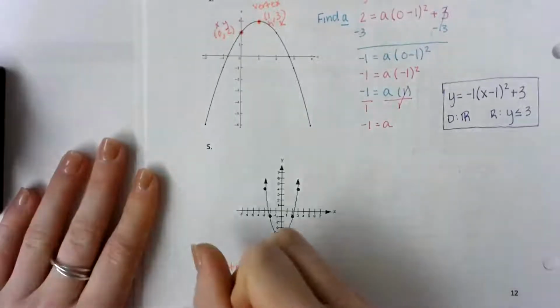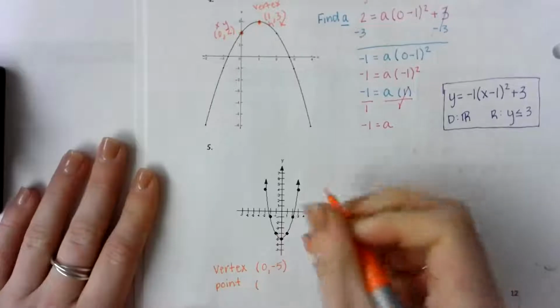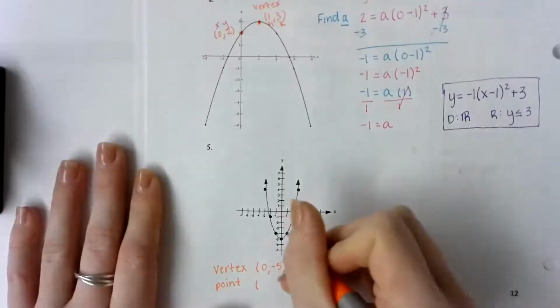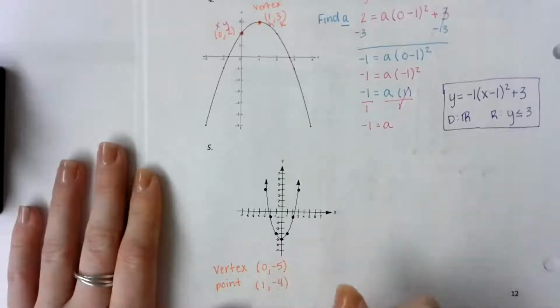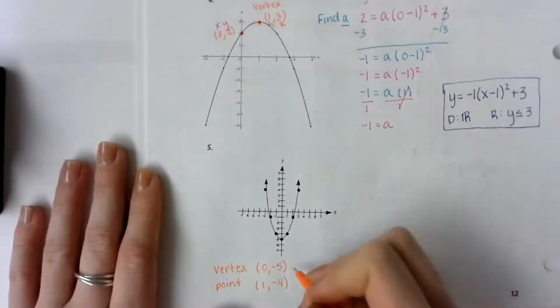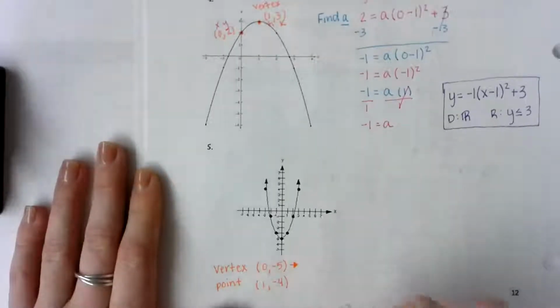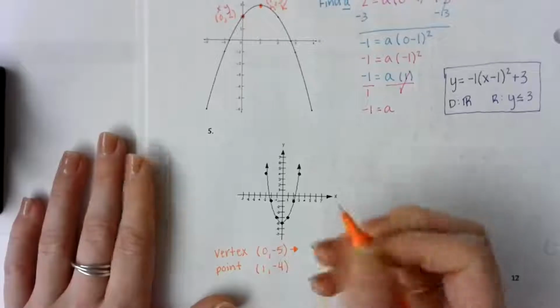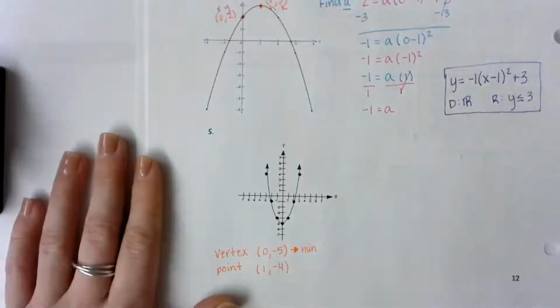And then you're going to need another point. It doesn't matter what point. So let's just pick this 1, -4. And just so that we know later when we are finding our range that our vertex is our minimum point.